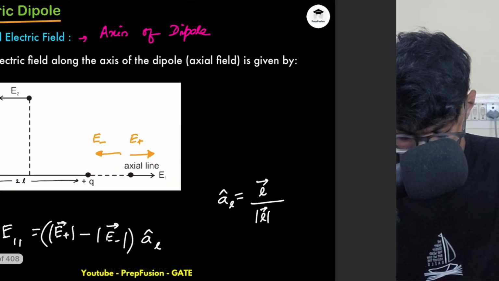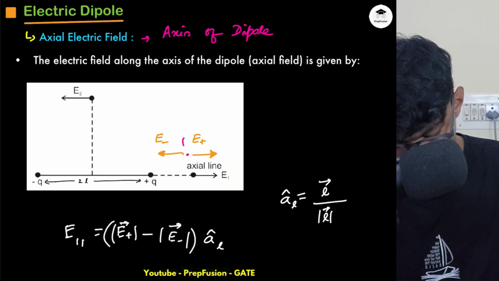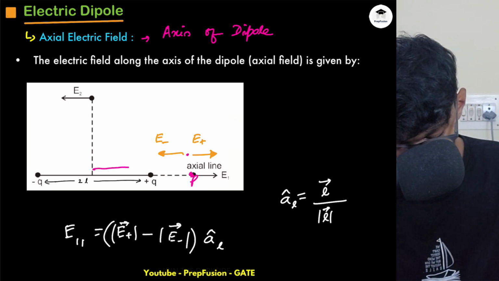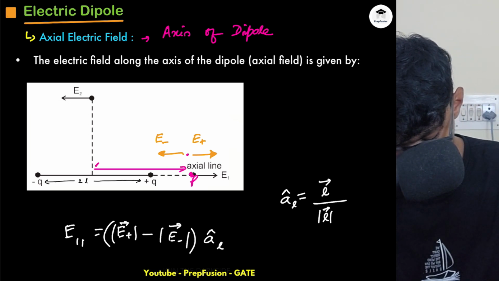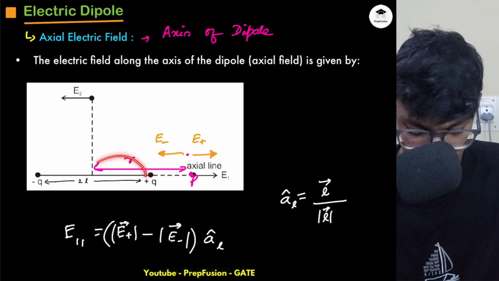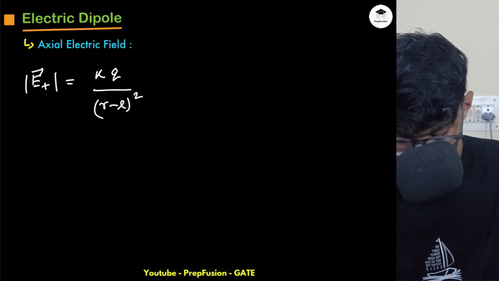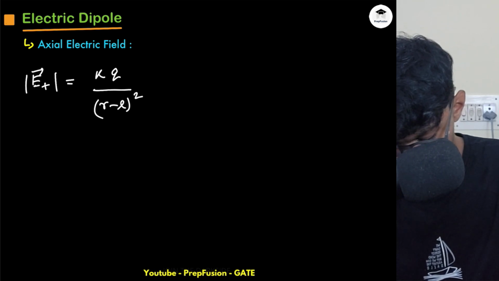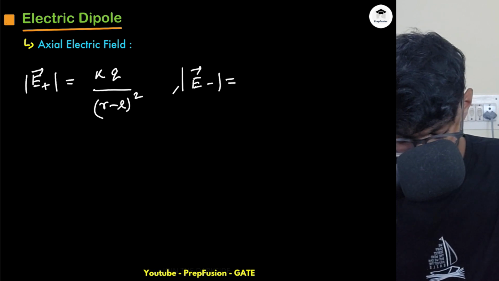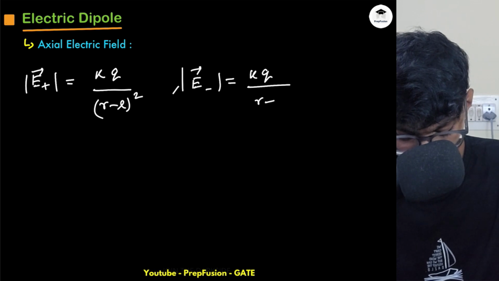Let's assume that the distance of this particular point P, I'm talking about here only, point P, from the center of the dipole is r. So what will be the distance due to this plus q? It will be small r minus L. So it will be kq by r minus L whole square, this is the E plus. And magnitude of E minus is equal to kq divided by r plus L whole square.